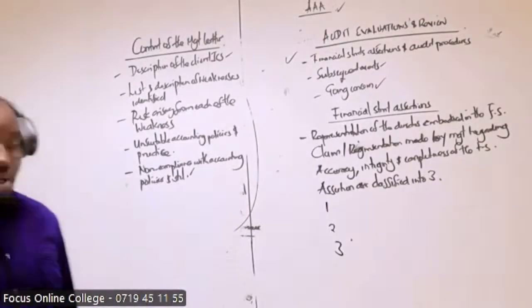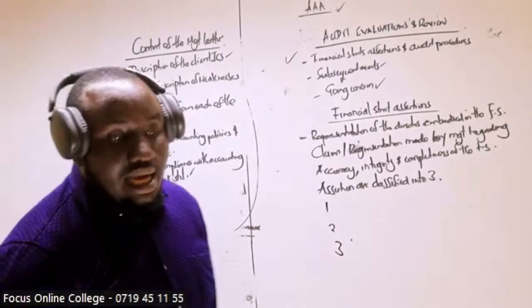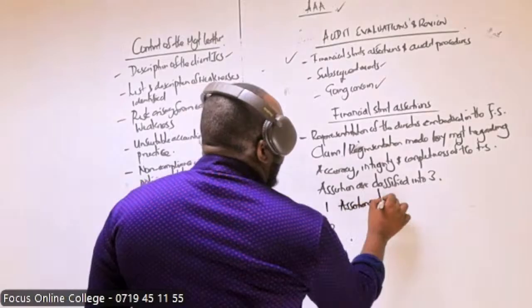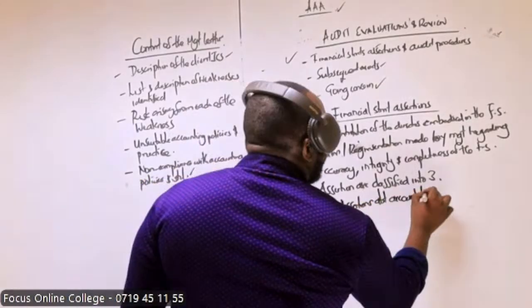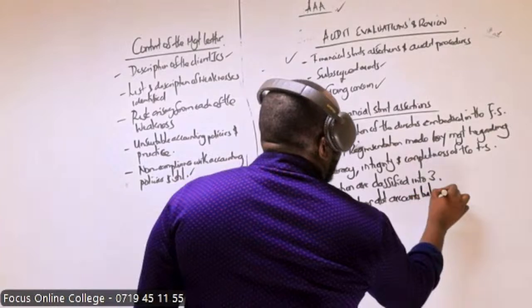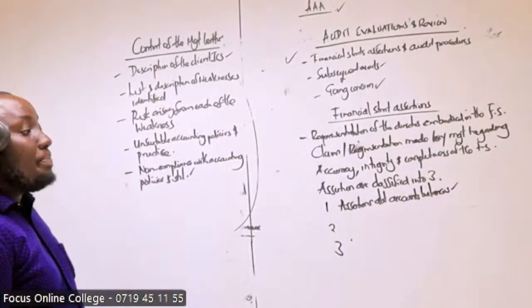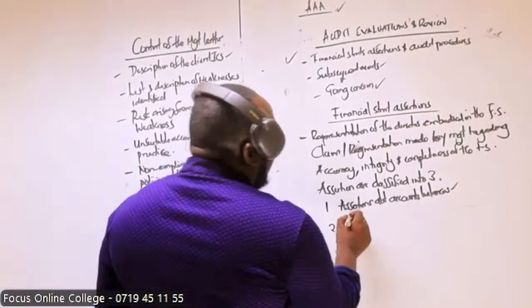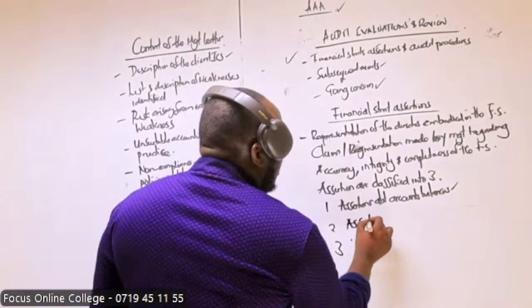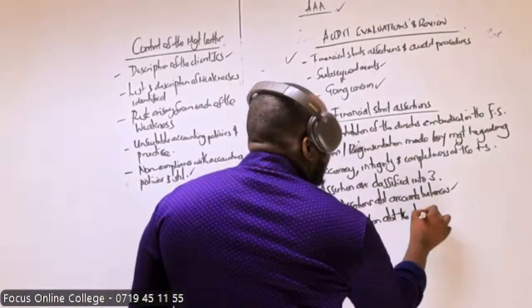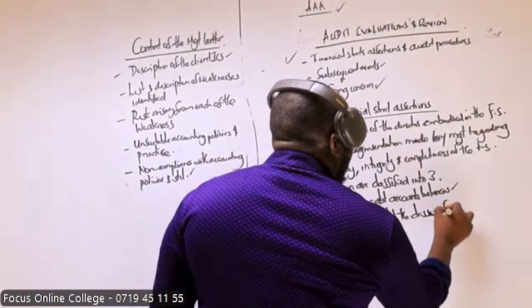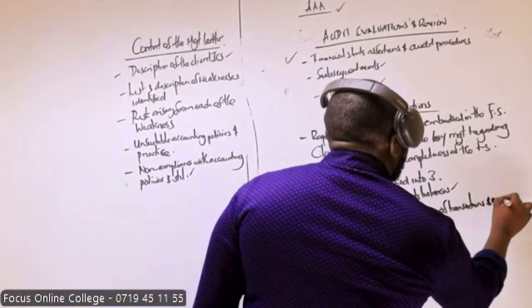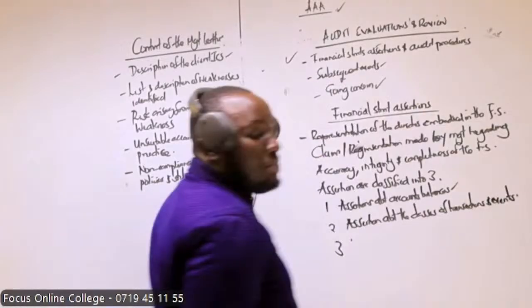Assertions are basically classified into three. Assertions about account balances. Then you have assertions about classes of transactions and events.